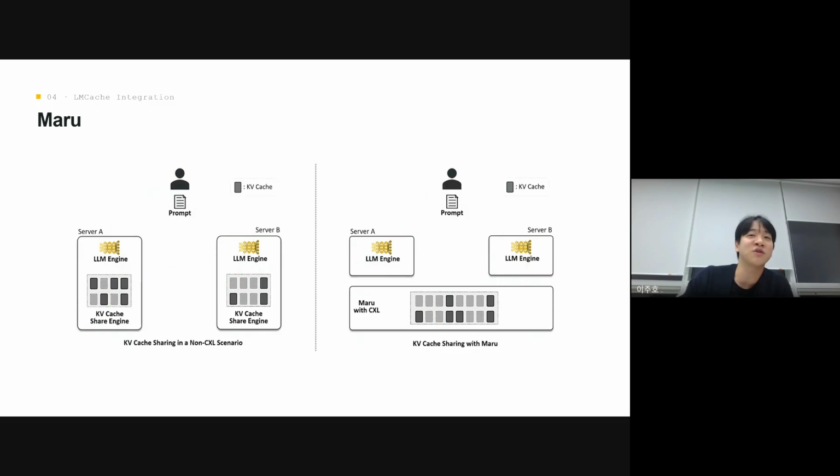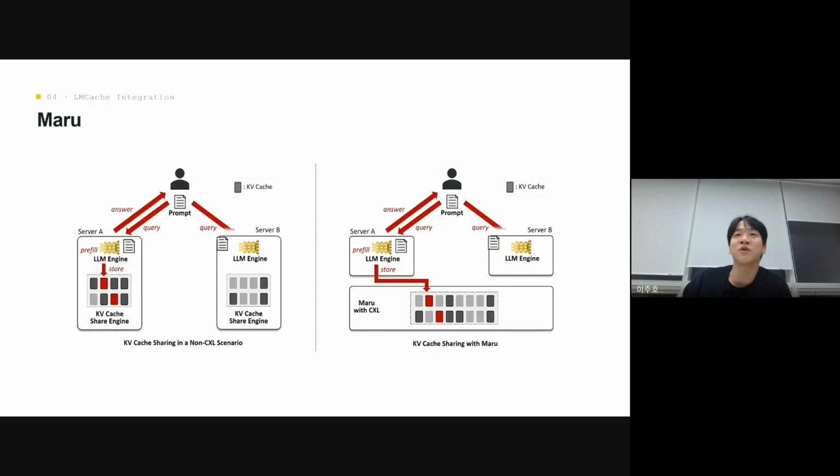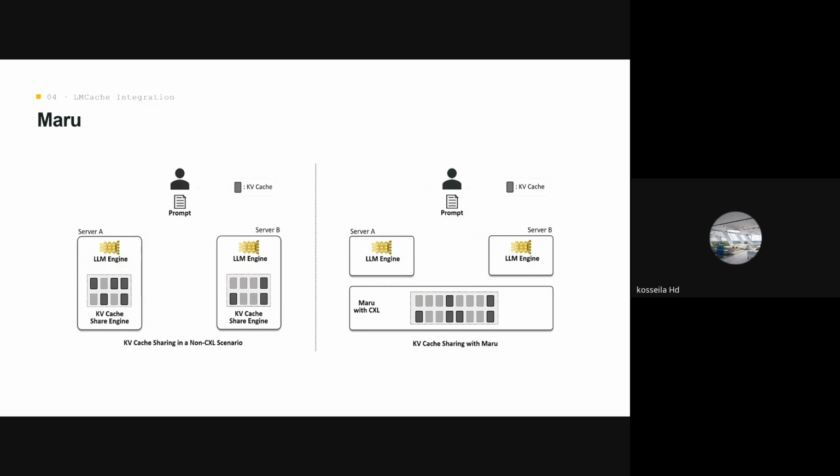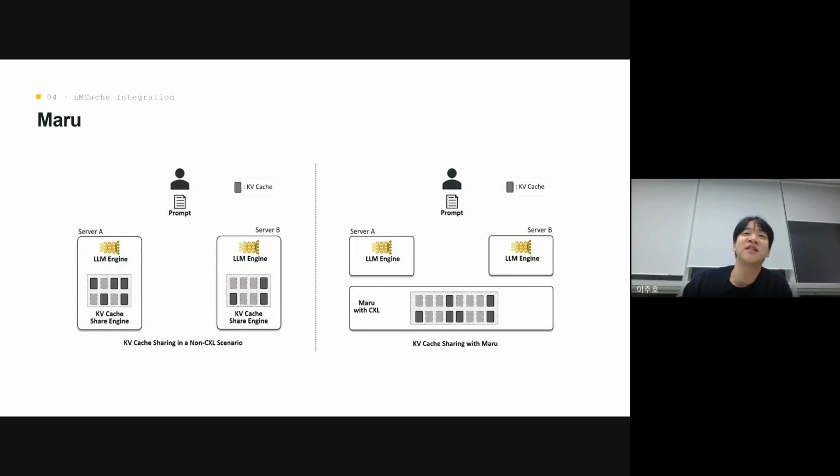When working with CXL sharing, the shared memory can be accessed by multiple hosts directly with memory instructions, so you don't have to make extra copies or transport. Got it, so there's no copy with CXL. Yes, from engine to engine, for the servers attached to the same CXL memory pool.